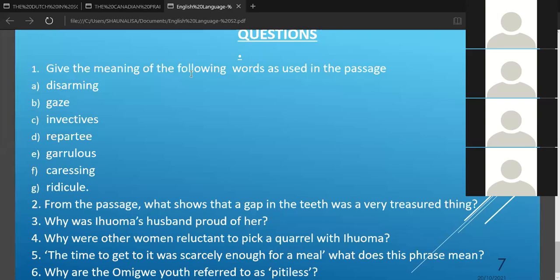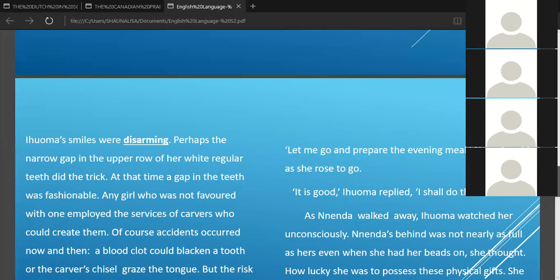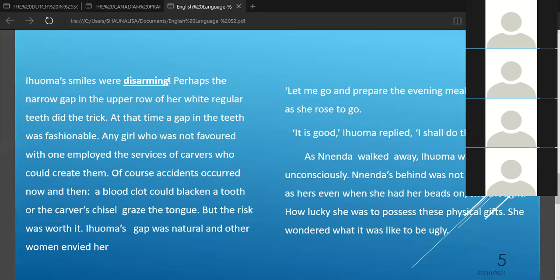Shona, can you first take us back to the passage? Yeah. Ihoma's smiles were disarming. So according to the definition given in the dictionary and the one in the passage, I think it's true.